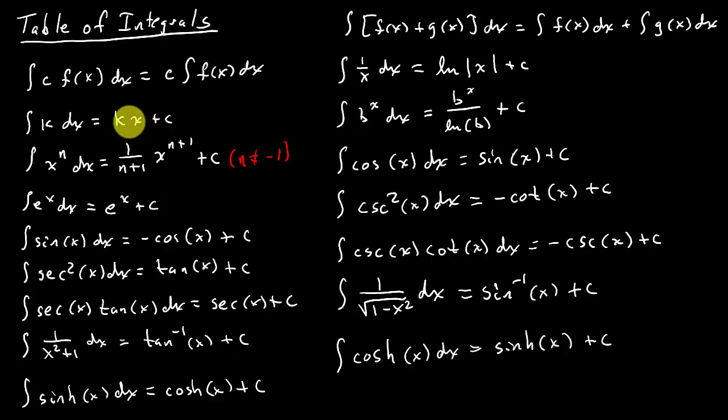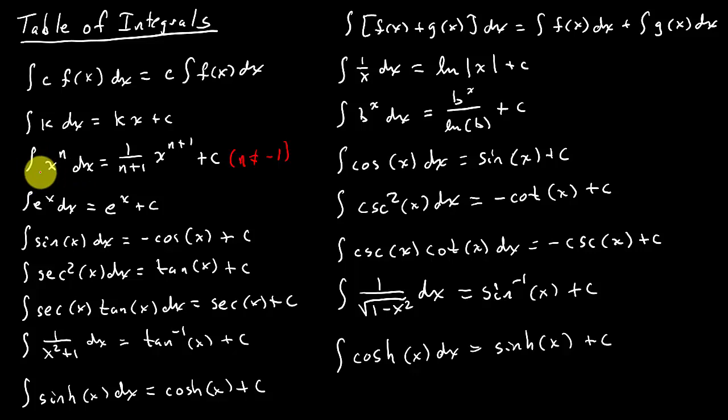All right, and plus c. I'll talk about the plus c in a minute. And this one over here, if we have the integral of f of x plus g of x dx, well, what this is telling us is that if we have multiple terms that we're integrating, then we can integrate each term individually.